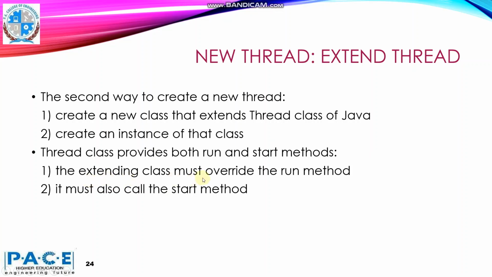The extending class must override the run method. The run method is the method in which we write the code which we want the thread to run. In this new class, we call the start method on the newly created class object.